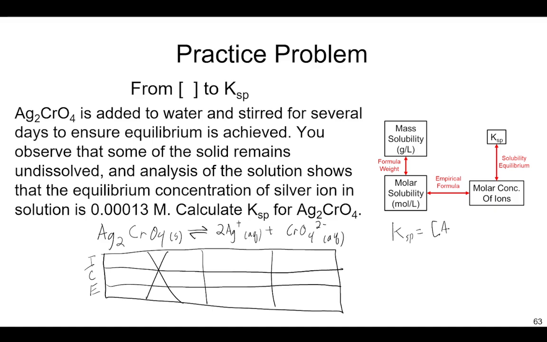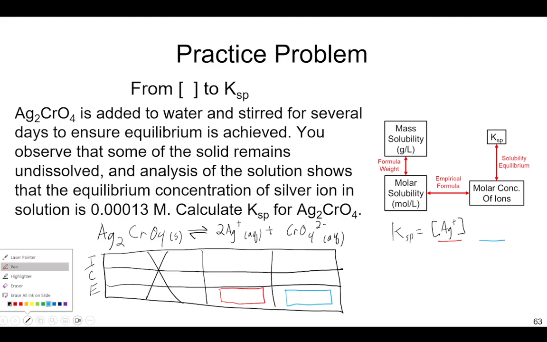It's going to be the silver plus at equilibrium, right? Whatever value we end up getting down here, squared, times the CrO4 2 minus concentration at equilibrium.